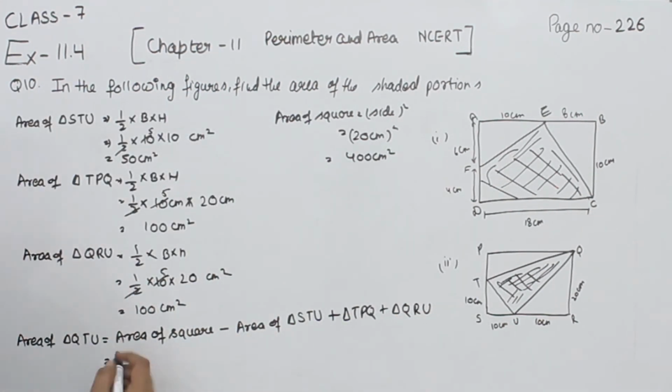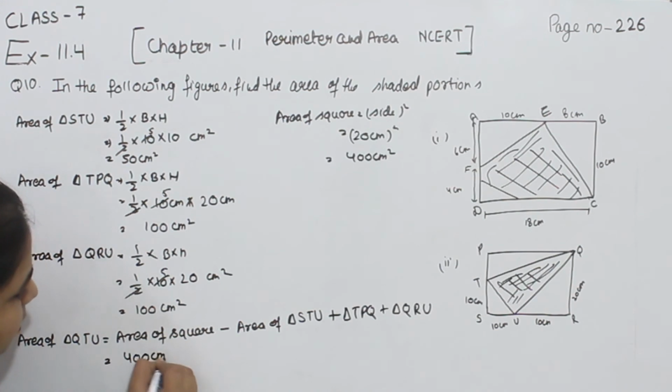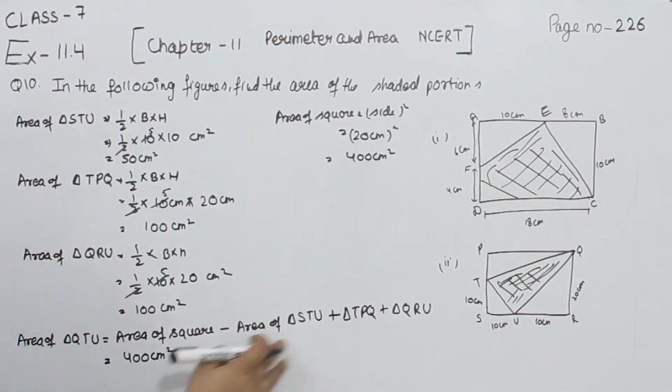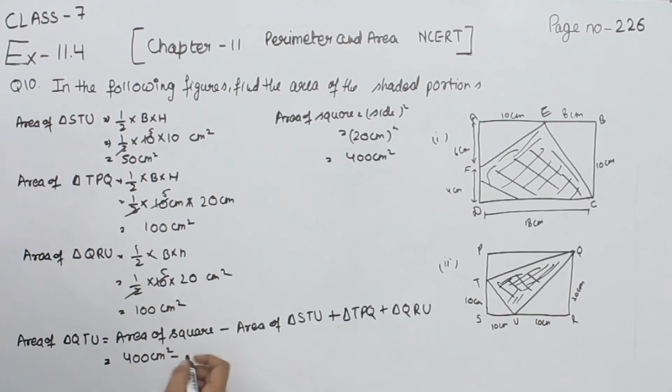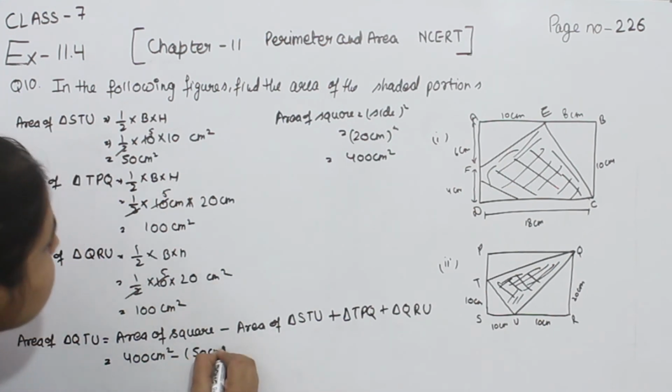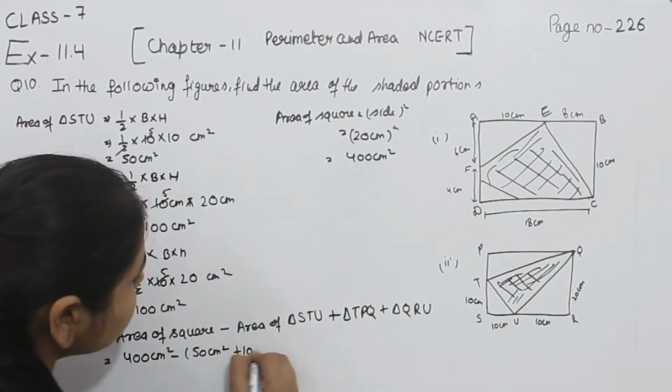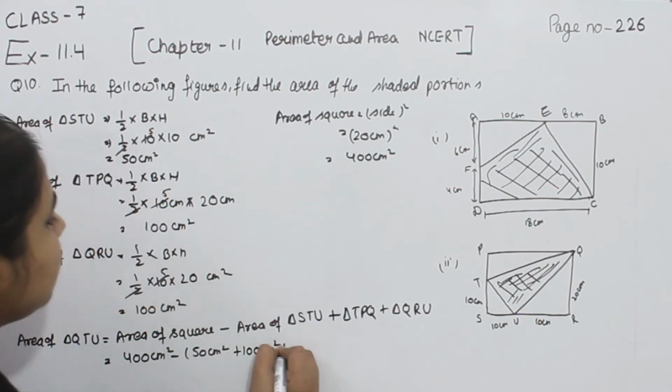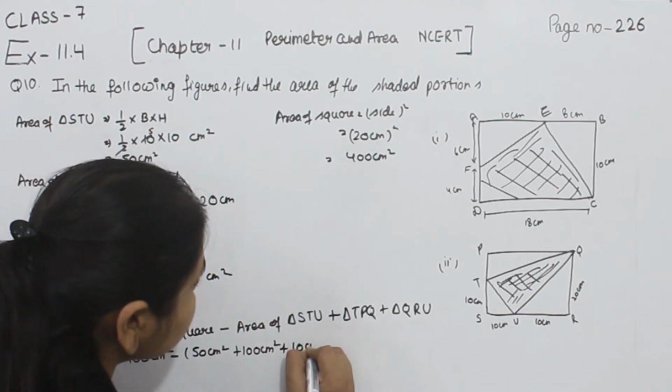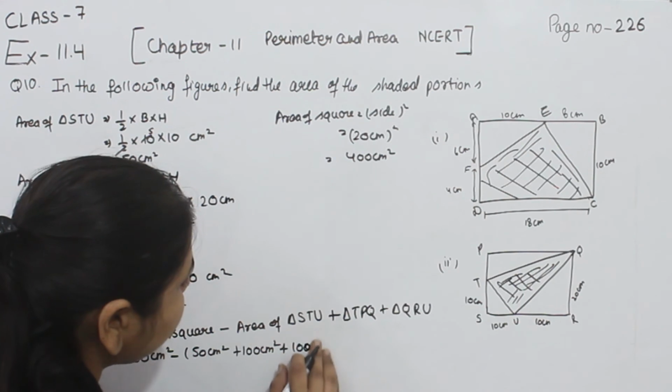So the area of square we have 400 centimeter square minus the area of triangle STU, this one is 50 centimeter square, this one is 100 centimeter square plus this one is 100 centimeter square.